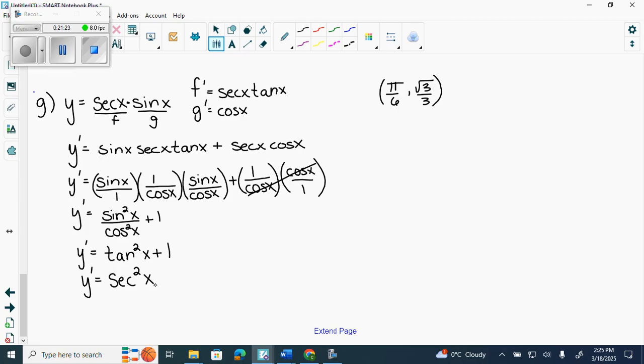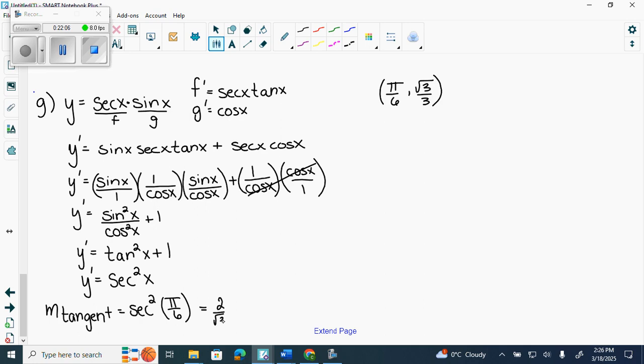So your m tangent equals secant squared pi over 6. So you need to get cos of pi over 6 and flip it and then square it, right? Pi over 6 is the same as 30 degrees. What is cos at 30 degrees? Root 3 over 2. So I'm going to get, not root 3 over 2, what am I going to get? That would be cos. 2 over root 3.